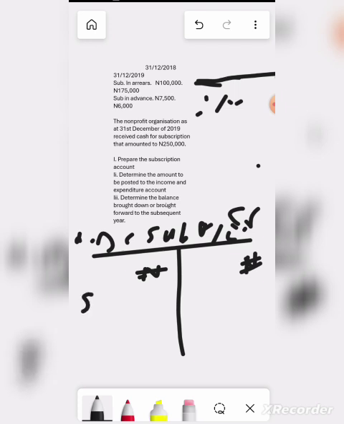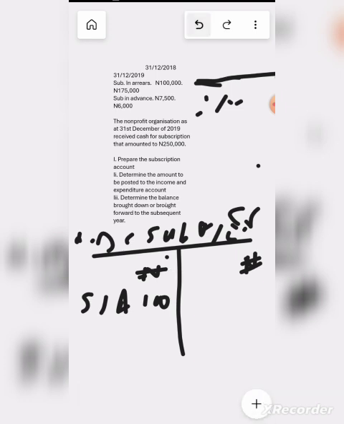So we now have subscription in arrears. I'm going to find a way to abbreviate the subscription in arrears. That is 100,000, so let me put 100 here, in 1,000. Sorry, let me do that again.